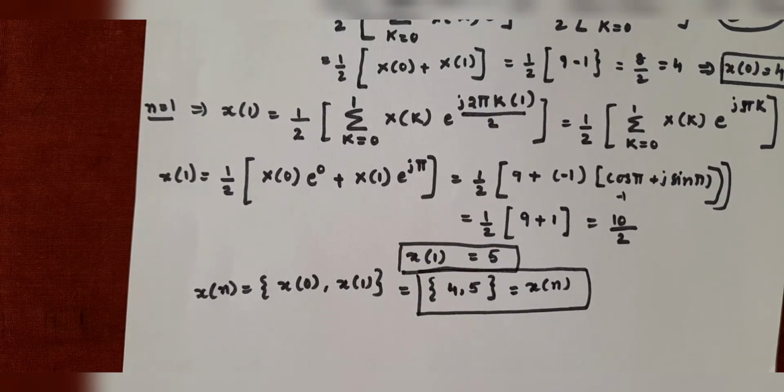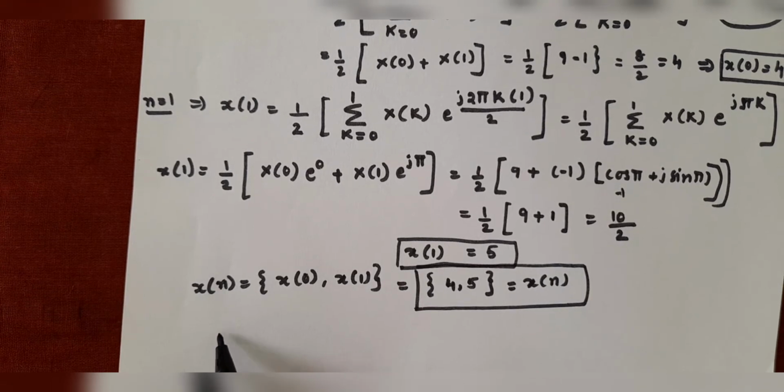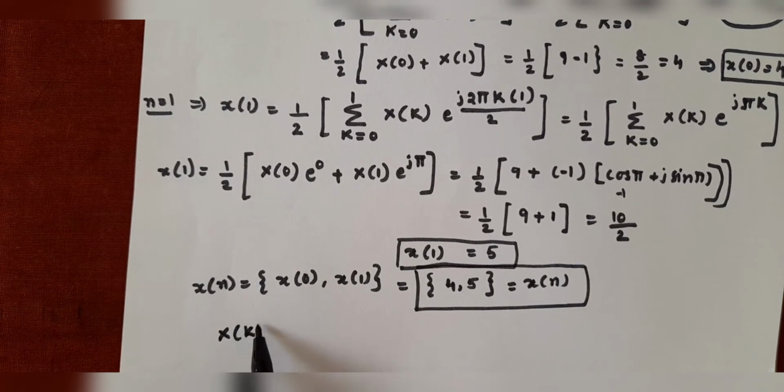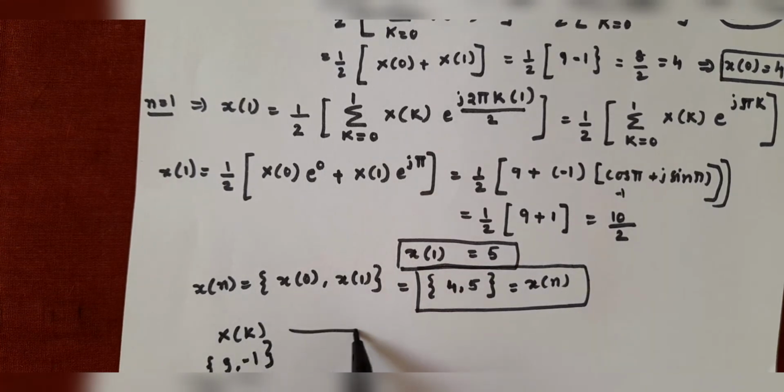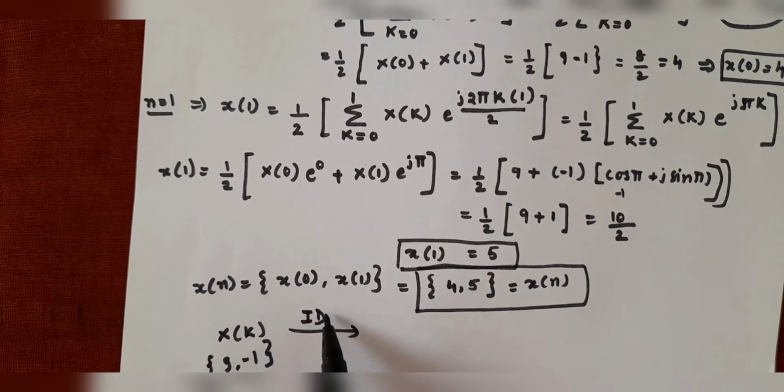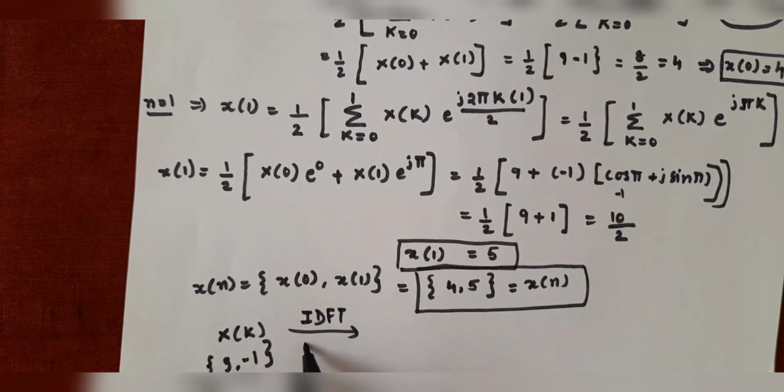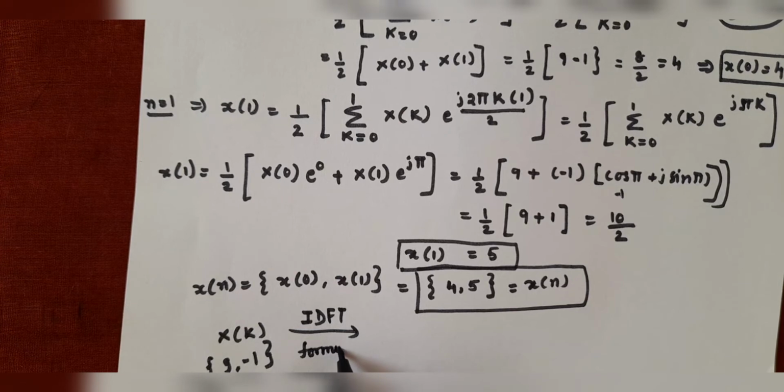I hope the solution is clear. What is given to us? Capital X of k is given. How much is it given? 9 comma minus 1. You have computed IDFT. You have applied IDFT using the formula method. What is the formula?